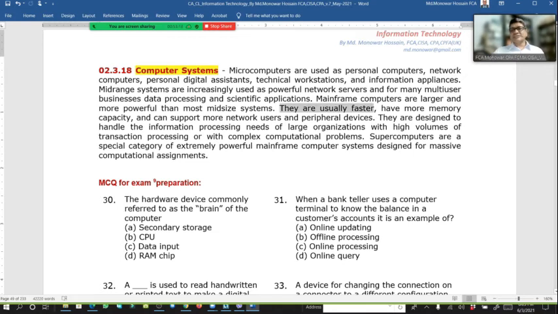They are usually faster, have more memory capacity, and can support more network devices, etc. And supercomputers are a special category of computer. So this is the computer hardware we are describing here.